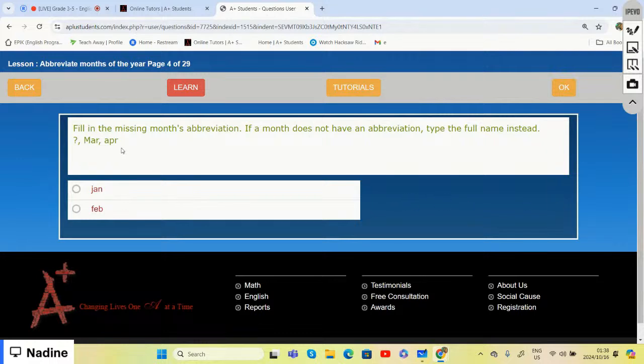All right. Here it says we need to fill in the word before March. What is the month of the year before March? Is it January or February? And then we get March and April.